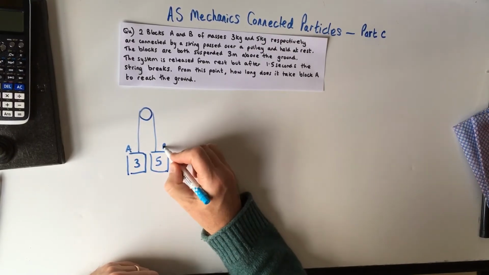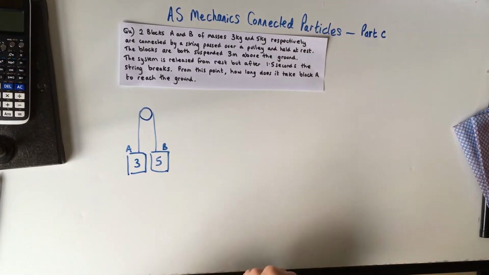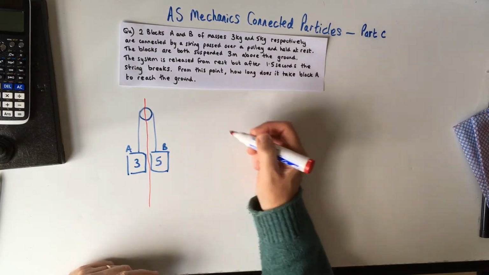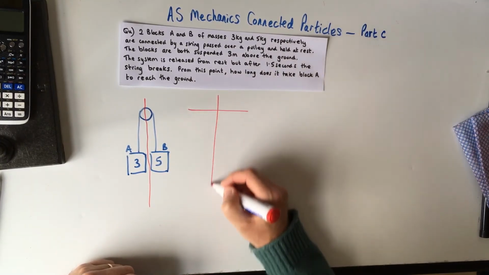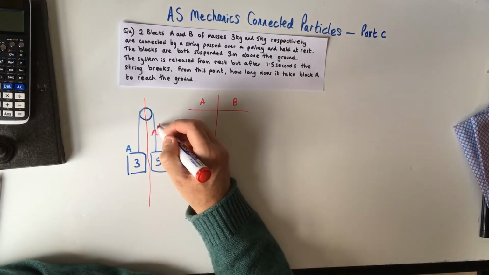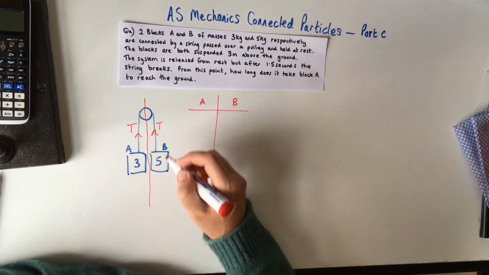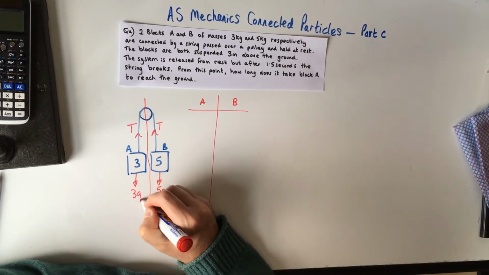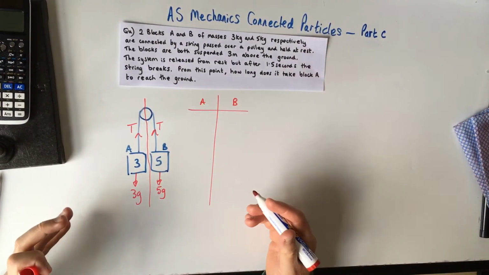We need the tension and the acceleration, so we always split them up into 2 and have an A side and a B side. So let's put the forces on: tension acting away, and mg. Okay, so all the forces are on now.